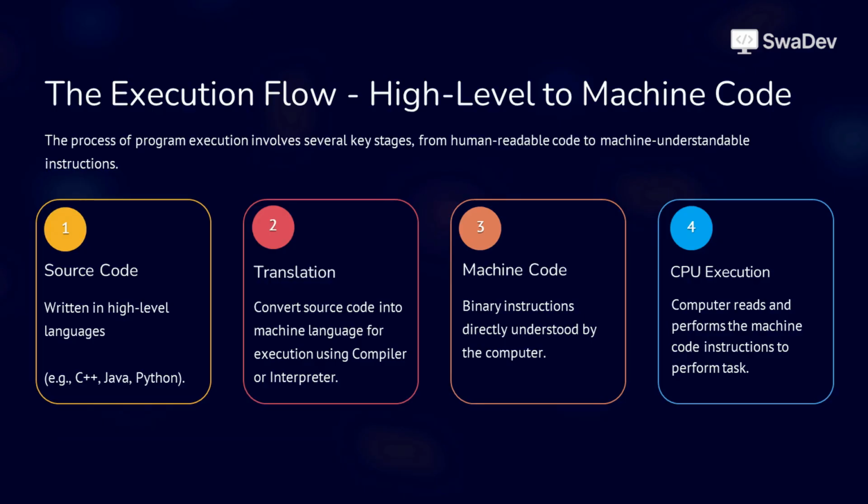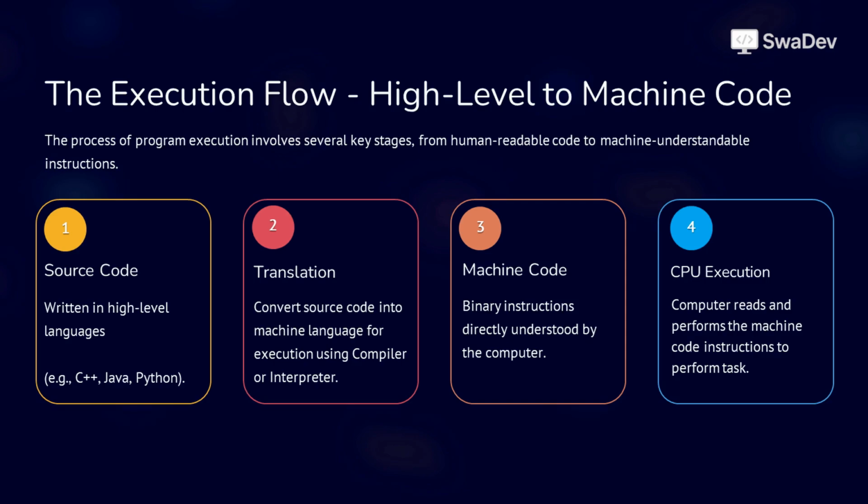So in execution, the high-level language is turned into machine code. The journey is write, translate, and execute. This is the heartbeat of every program. The process of program execution involves several key stages, from human-readable code to machine-understandable instructions. The first stage is source code, written in high-level languages like C++, Java, and Python.